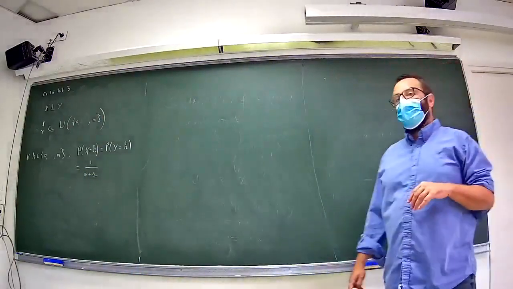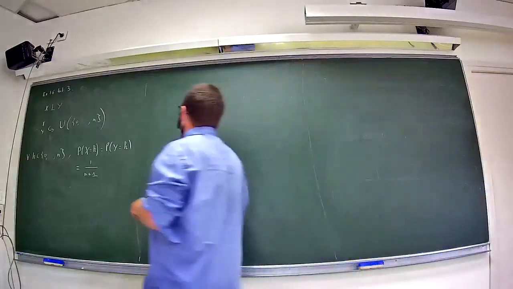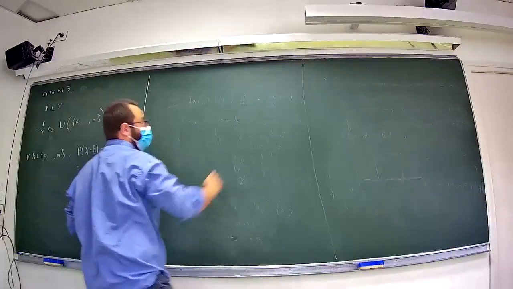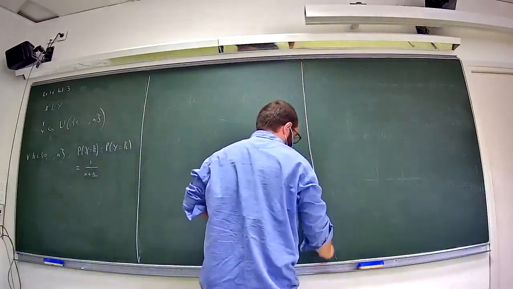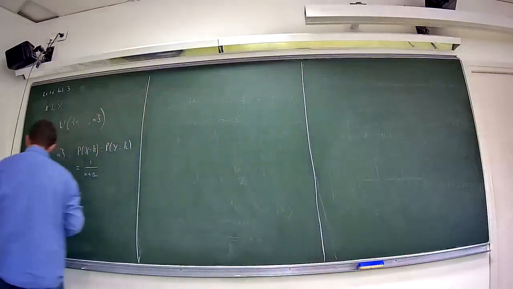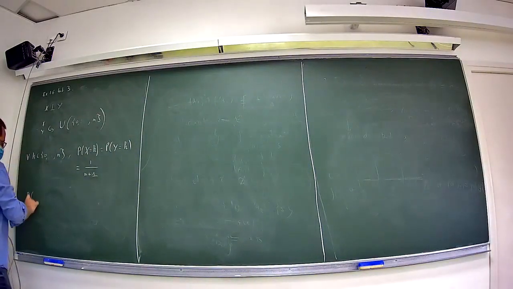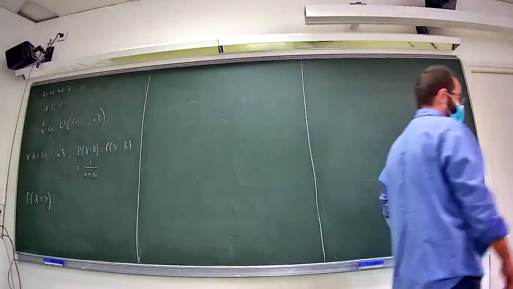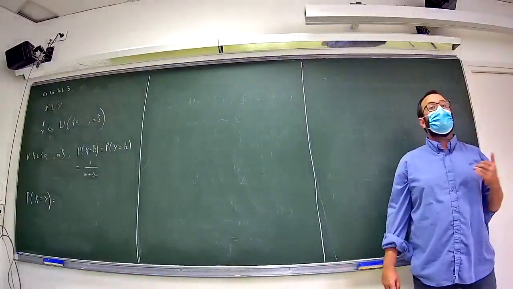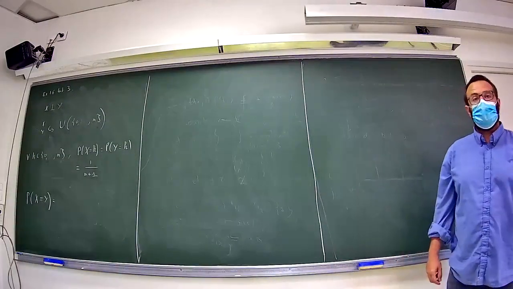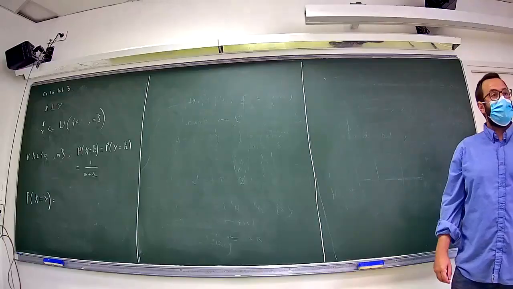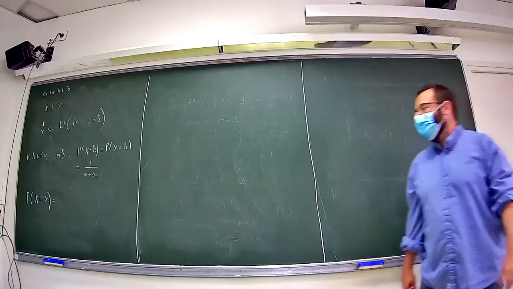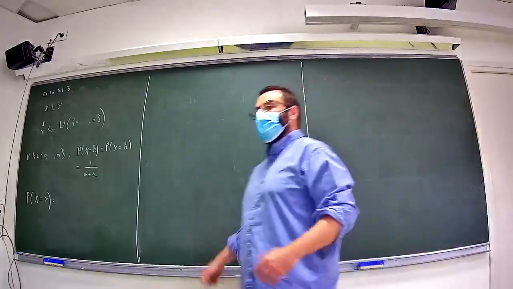And I am interested in the computation of two probabilities. First, the probability that X is equal to Y. Before being able to compute the probability of this set, we have to understand a little bit what this set is. Do you have an idea what to do?